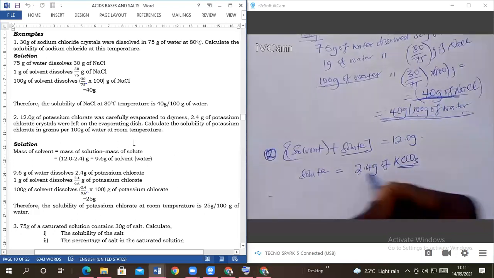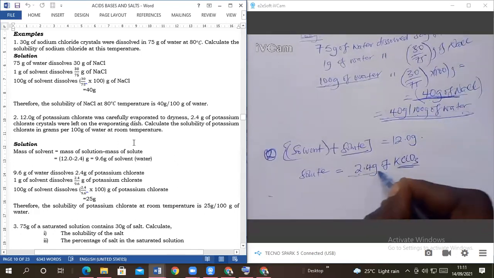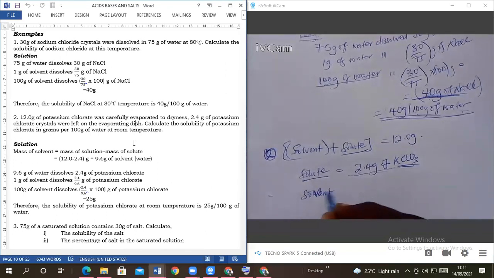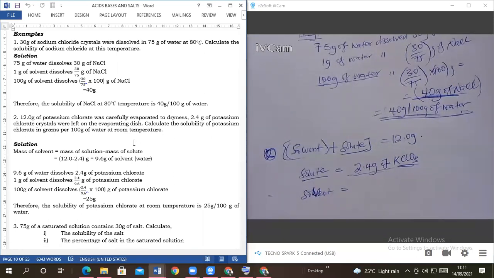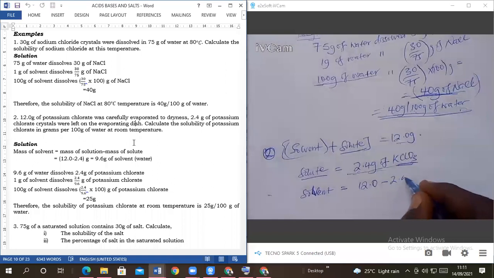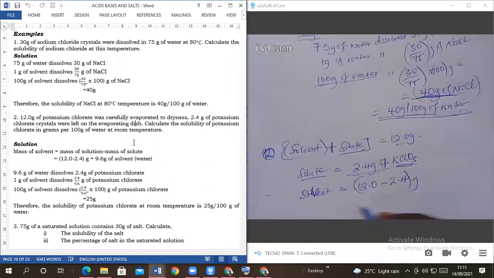Now, what was the mass of the solvent? Mass of the solvent is going to be 12.0 minus 2.4 grams.